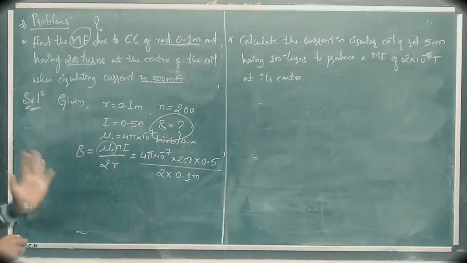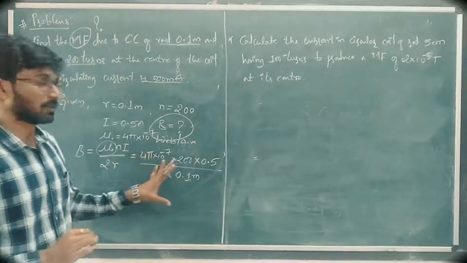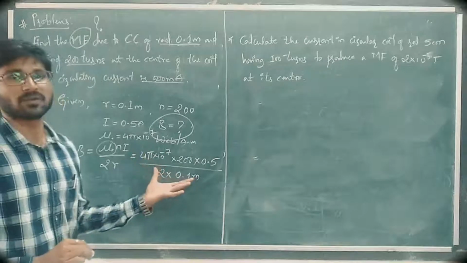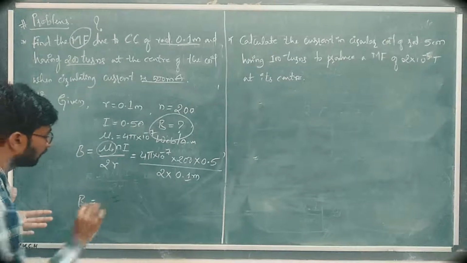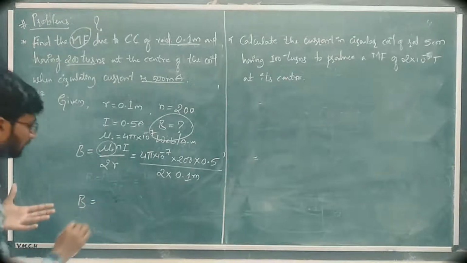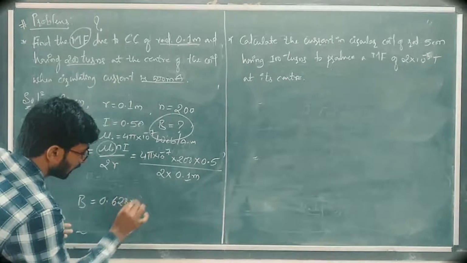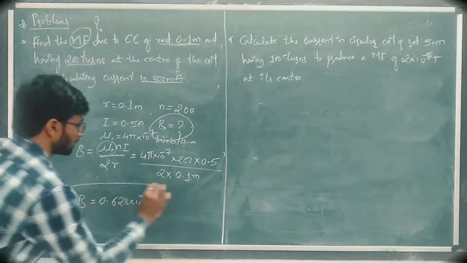Simply calculate this and you will get the final answer of this problem, 0.638 into 10 to the power minus 3 Tesla.